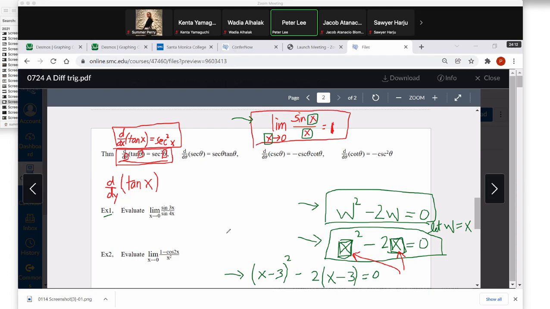Are we ever going to see this guy, the derivative of tangent x with respect to y? And how about tangent of y, and then we take the derivative with respect to x? Do you think we are ever going to see these? Yes, we will. This is the topic of section 2.6.